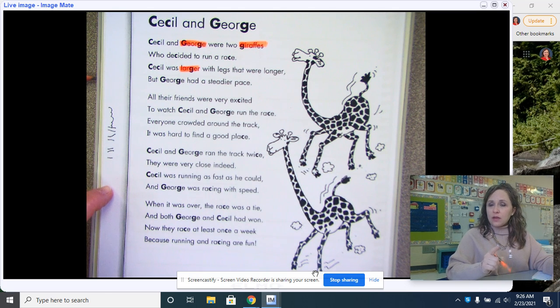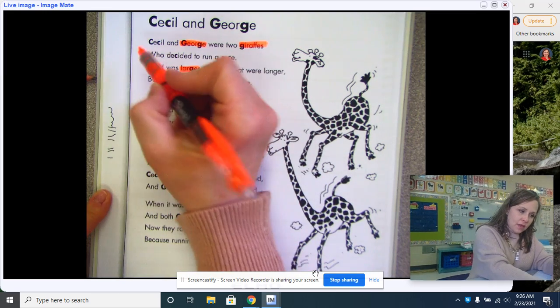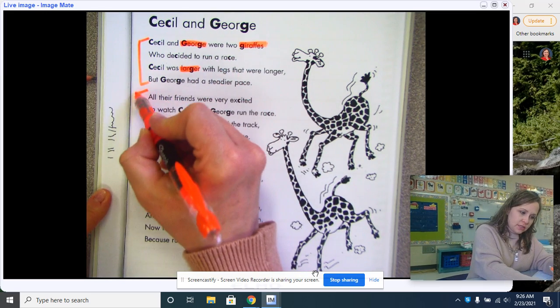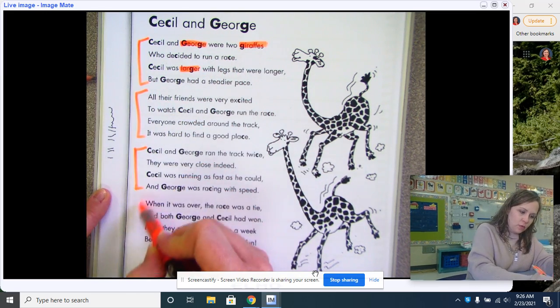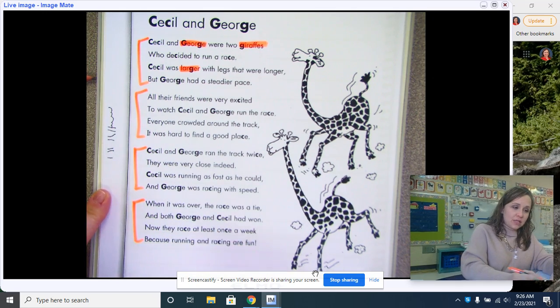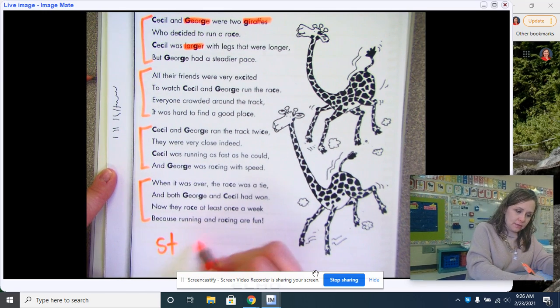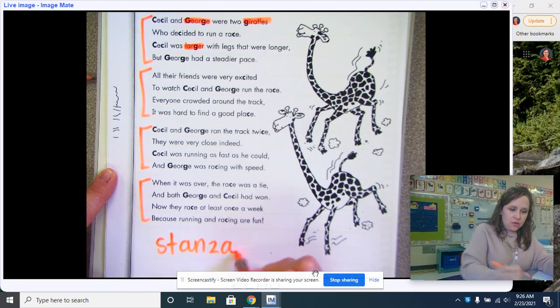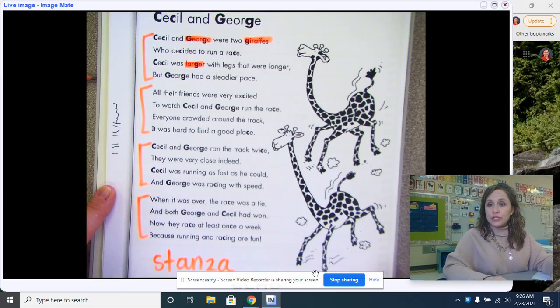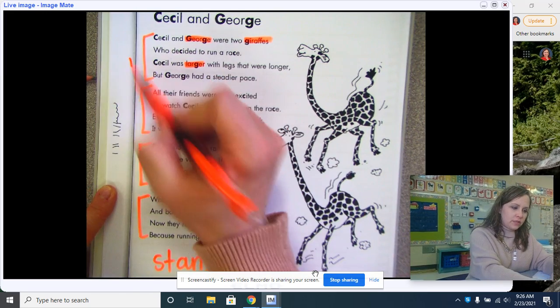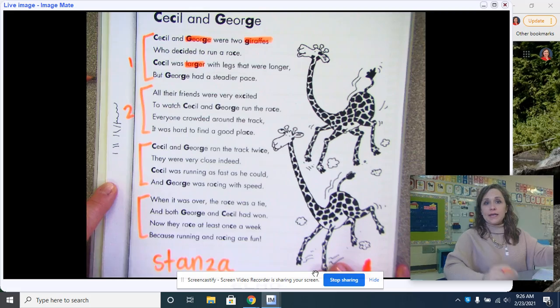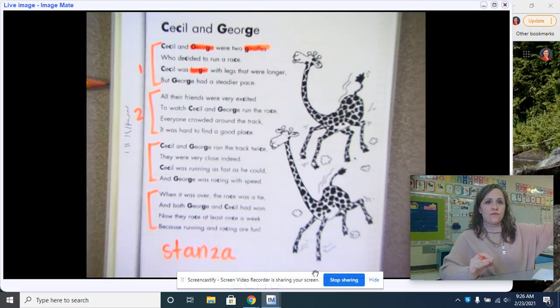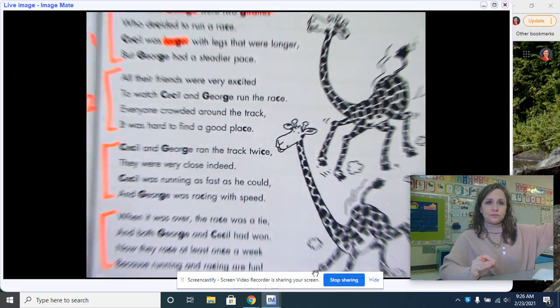We have talked about this before, but let's go over it again. In a book, the different parts are called paragraphs. In a poem, the different sections, does anybody remember what they're called? They're called stanzas. So this poem has 4 stanzas, and we're just going to read 1 and 2. And then you're going to read 3 and 4 to an adult.